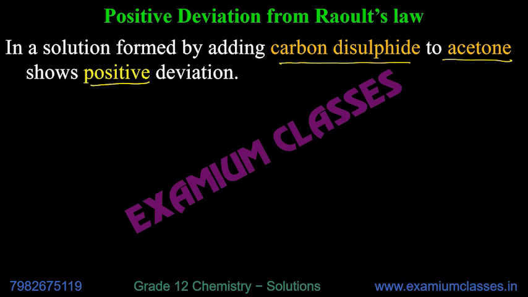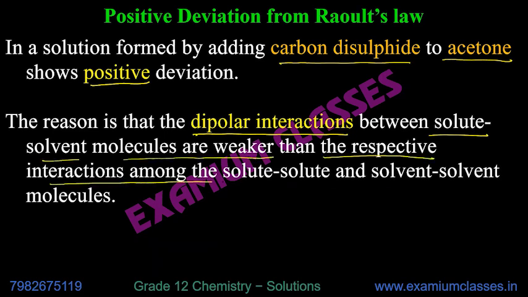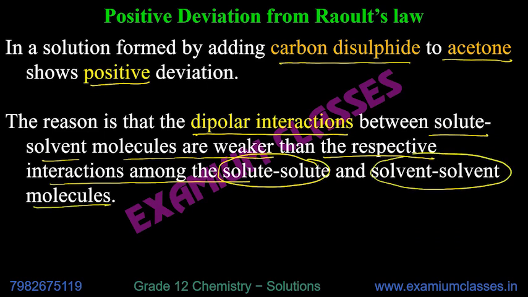The reason is that dipolar interactions between solute and solvent molecules are weaker than the respective interactions among solute-solute and solvent-solvent molecules. So here we are talking about dipole-dipole interactions, which are weaker in this case.